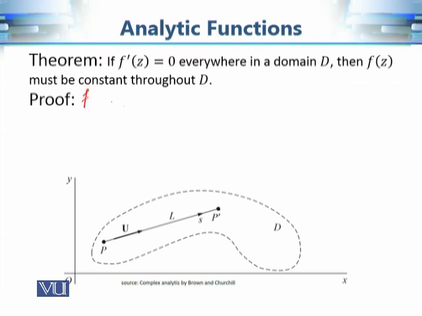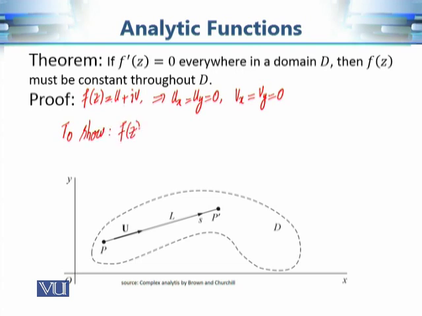So if f of z is equal to u plus iota v, then this implies ux is equal to uy is equal to 0, and vx is equal to vy is equal to 0. Now what do we want to show? We want to show that this function f of z is constant.